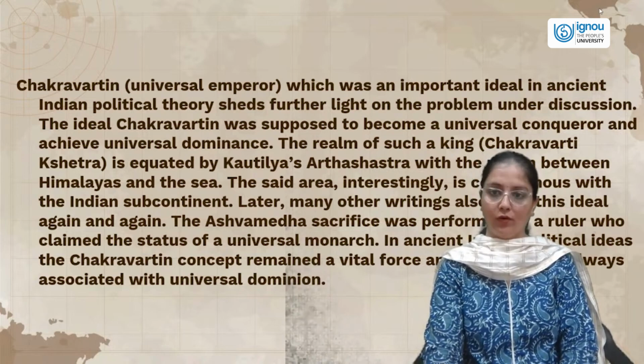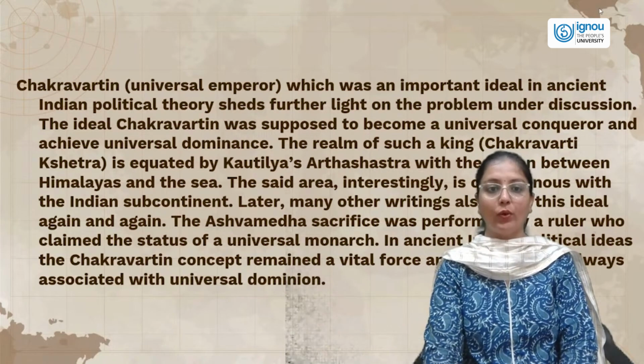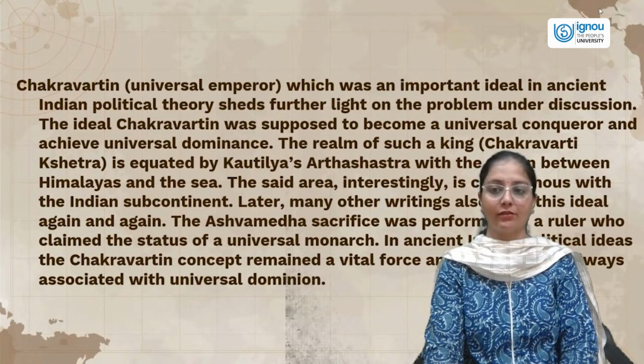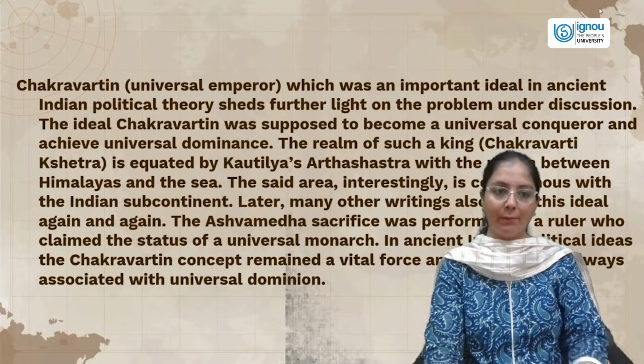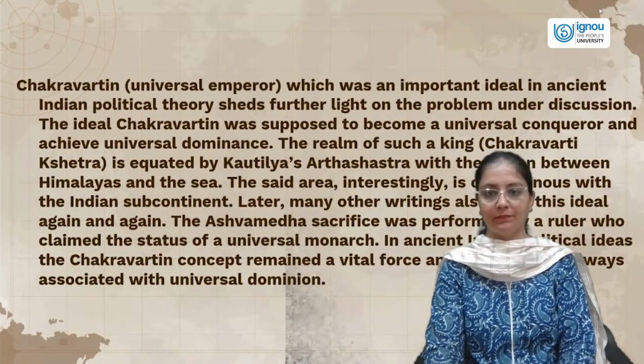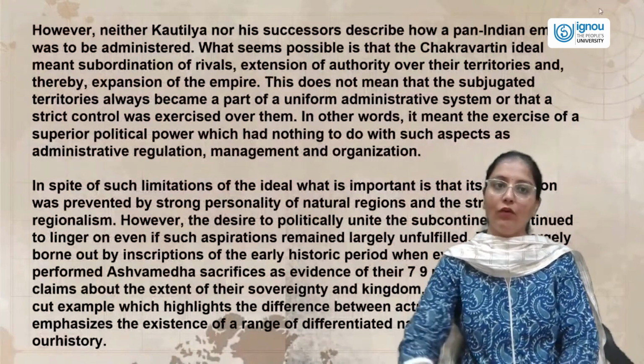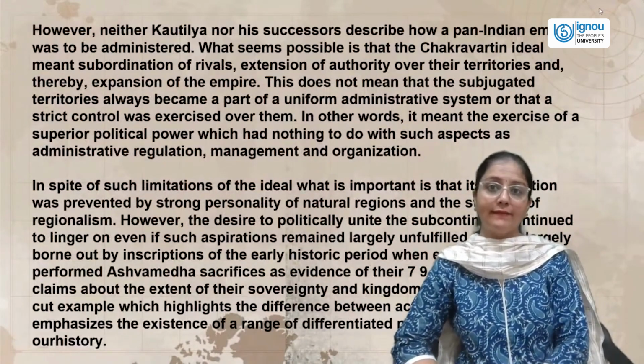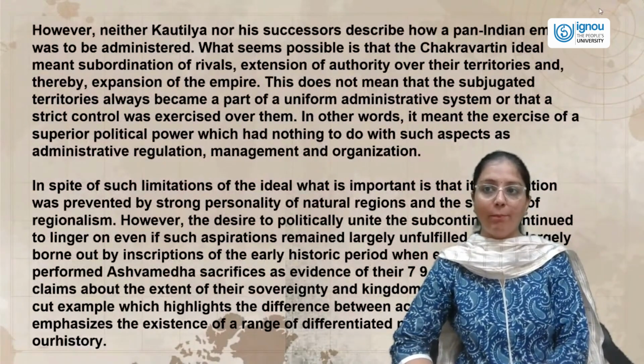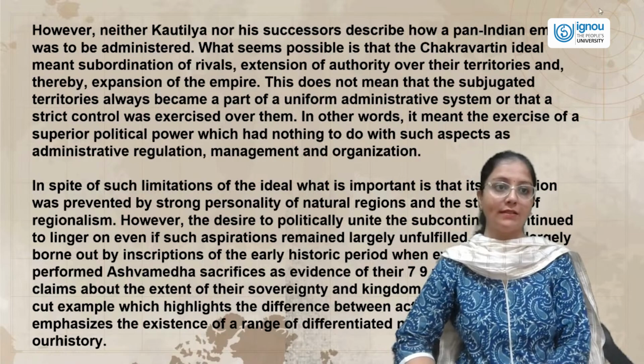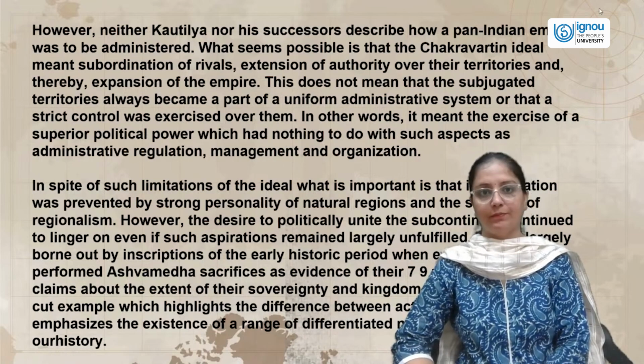The realm of such a king is equated by Kautilya's Arthashastra with the region between the Himalayas and the sea. However, neither Kautilya nor his successors describe how a pan-Indian empire was to be administered.